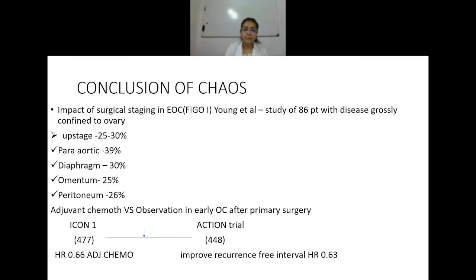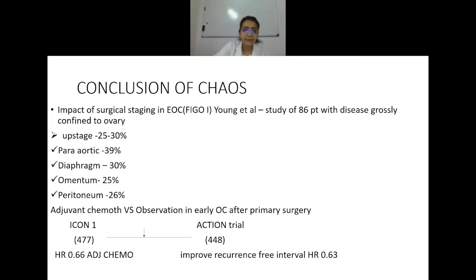That means both trials were favoring adjuvant chemo to improve the recurrence-free interval. But in these studies, we can draw the inference that this can be because of wrong inclusion of stage 3 patients among the stage 1 patients. So this outcome was seen.